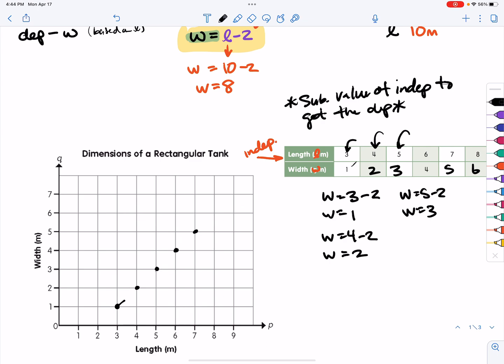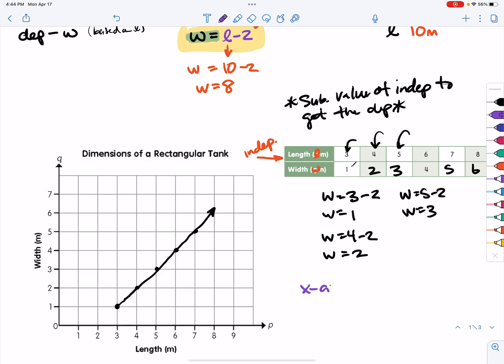And so I'm going to connect these and draw a line with an arrow because we could keep going. Our lengths could keep getting bigger and bigger and bigger, and it would never stop. But they would still be dimensions of that tank. This relationship would work out. So now that we have plotted this, it seems to me like we can say that our independent is going to be our x-axis.